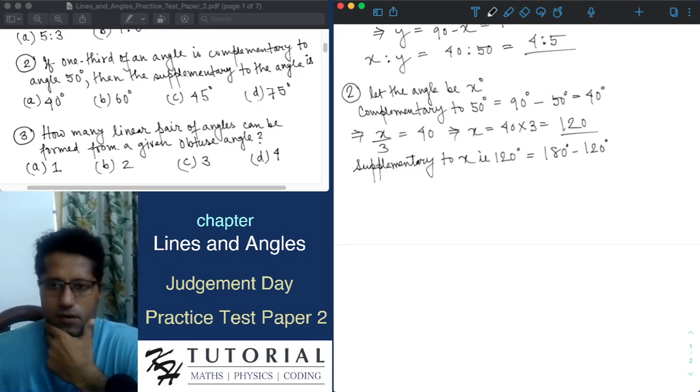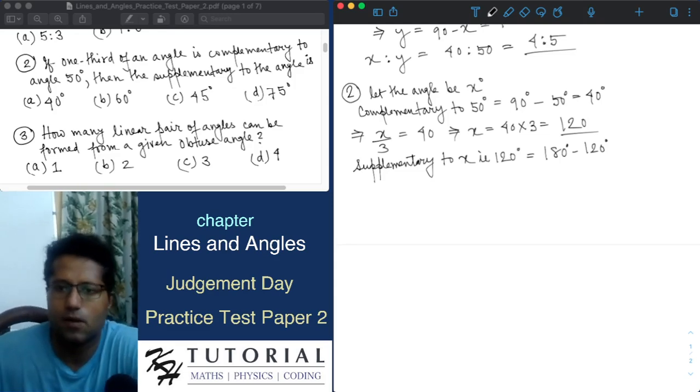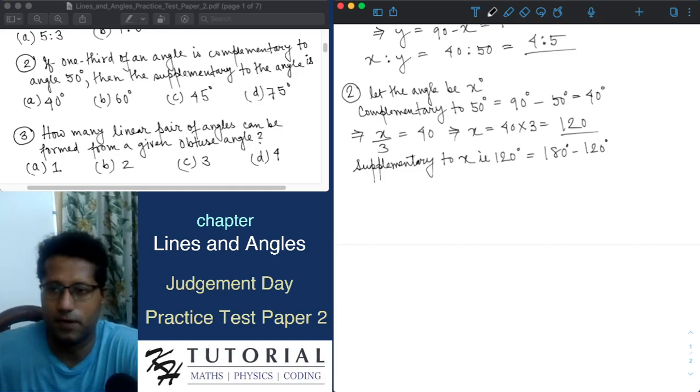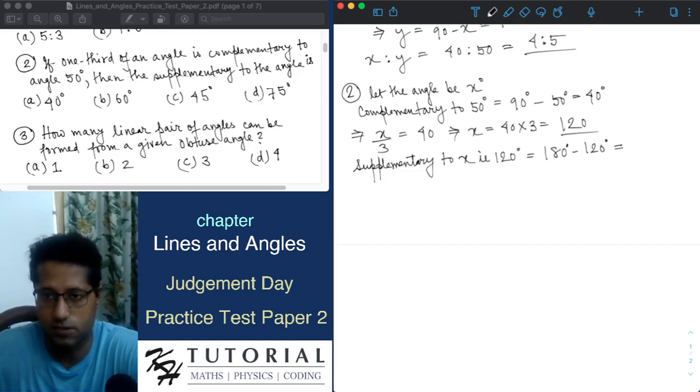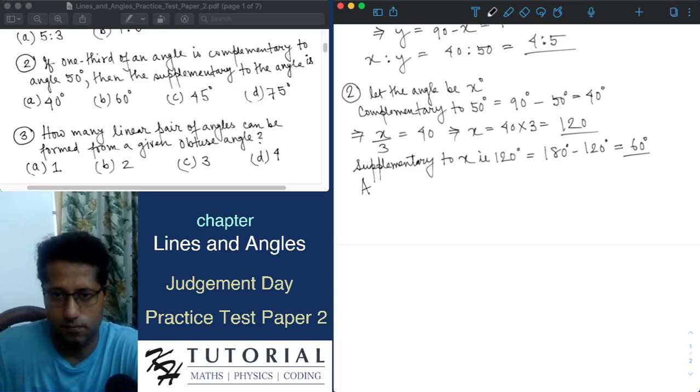So if x is an angle, then its supplementary angle will be 180 minus x. So the supplementary angle of 120 degrees is 180 degrees minus 120 degrees, because x is 120 degrees. This is equal to 60 degrees. So the answer is choice B.